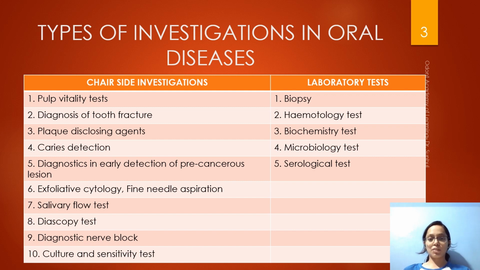Chair-side investigations are our topic for today, and as the name suggests, these are the investigations which can be done on the chair side while the patient is sitting on the chair.